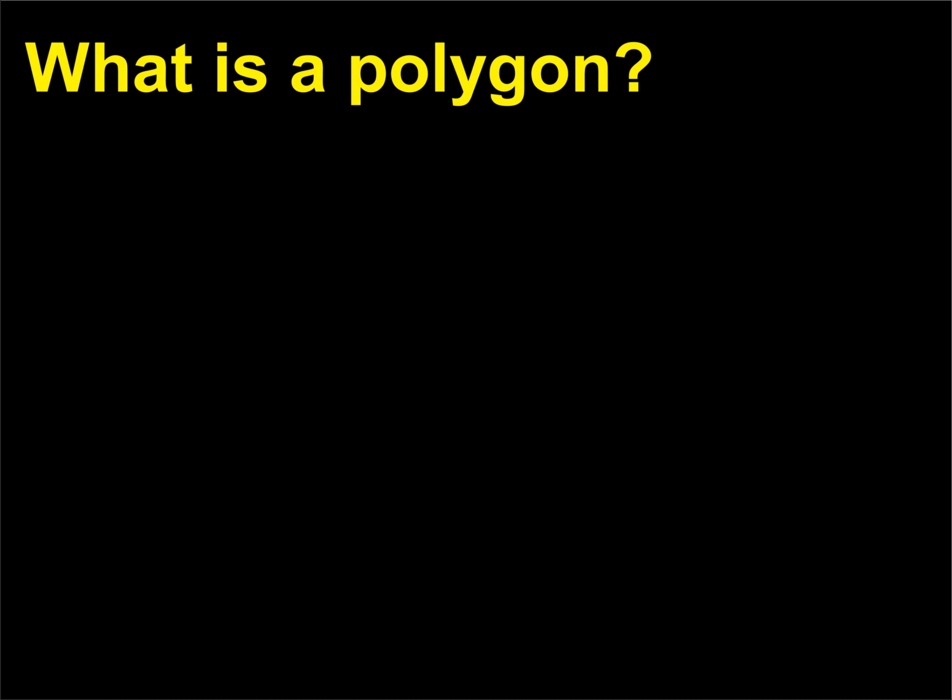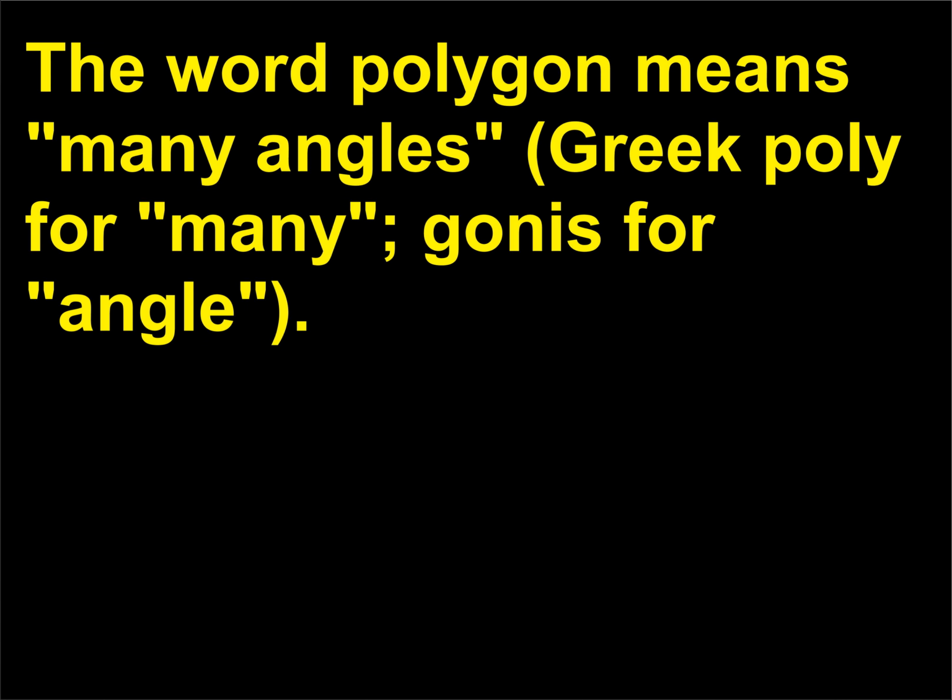What is a polygon? The word polygon means many angles, Greek poly for many, gonia for angle.